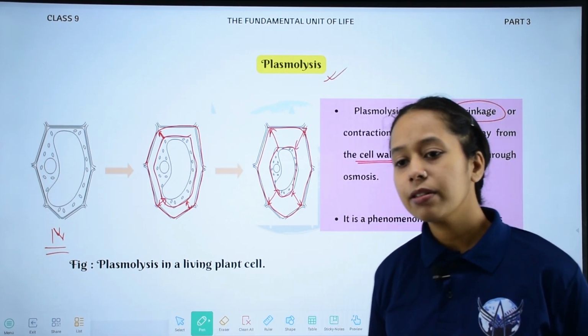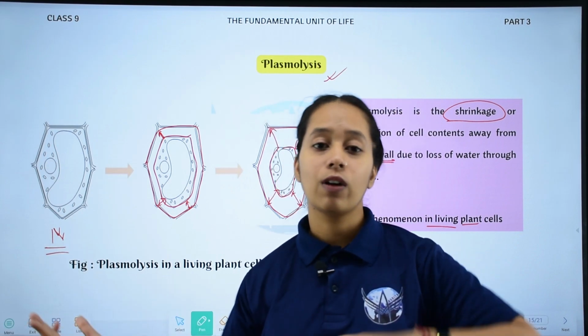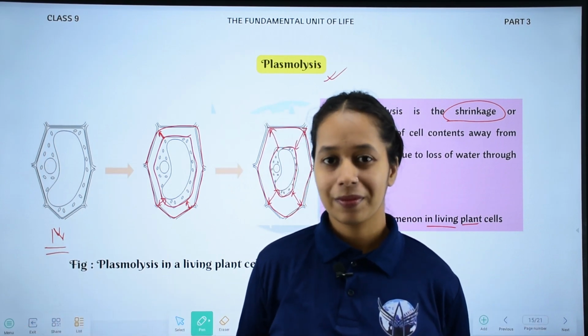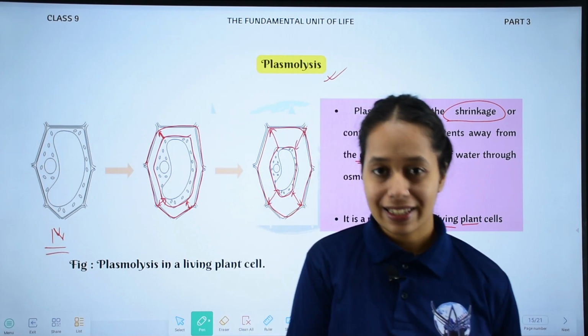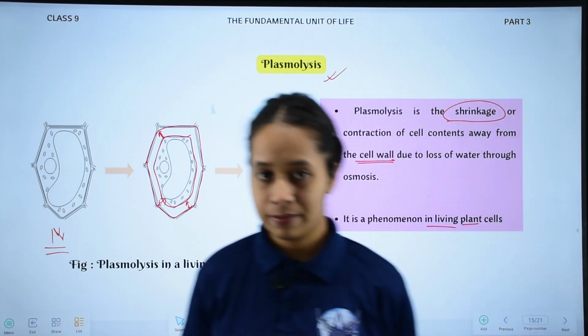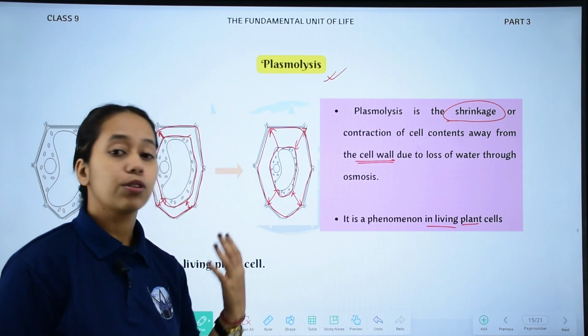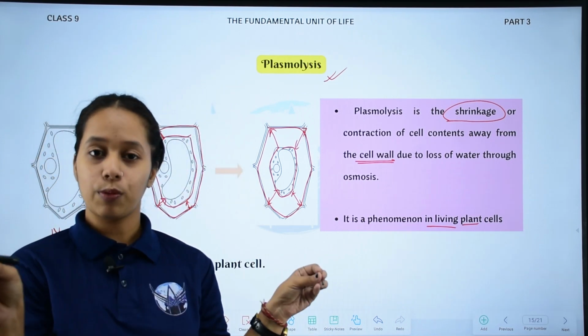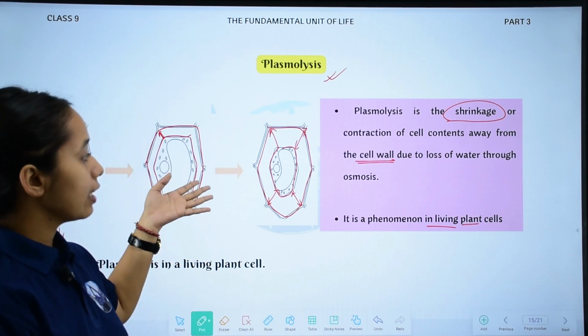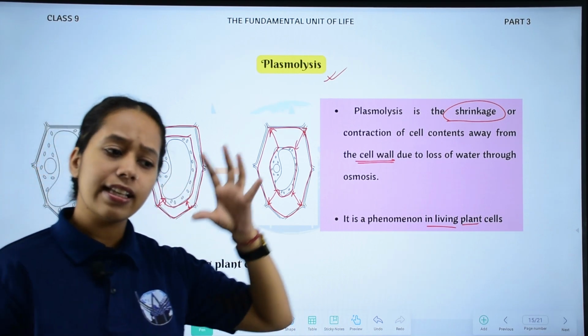Now why are we directly jumping from cell wall to plasmolysis? Because we discussed that a cell wall allows a cell to survive in a hypotonic solution. So what happens in a hypertonic solution? A cell will shrink.